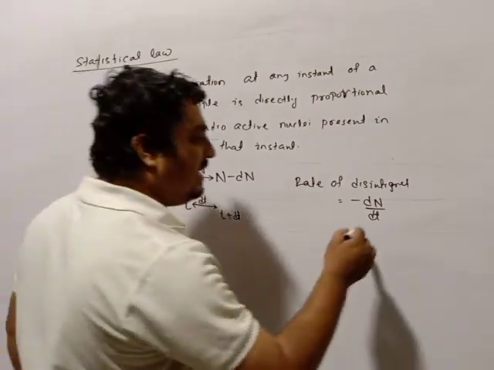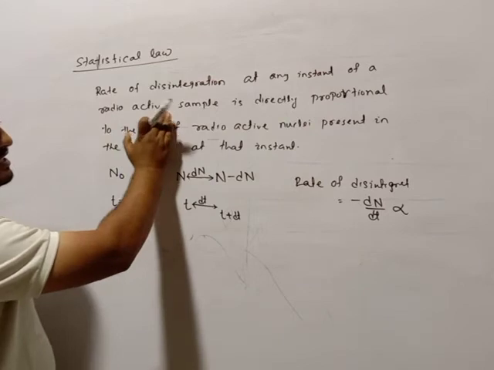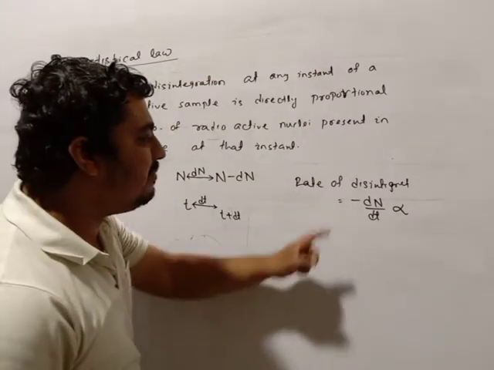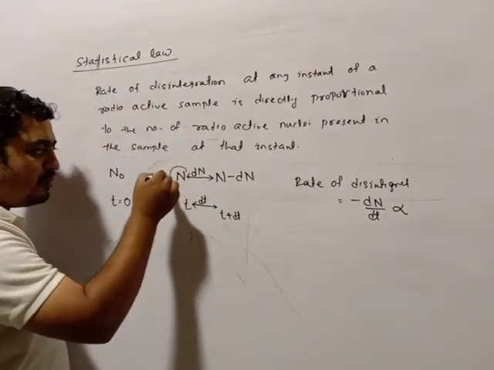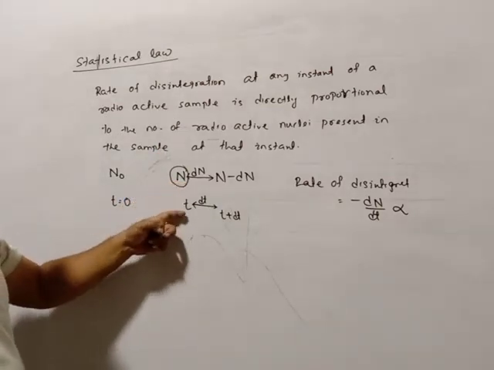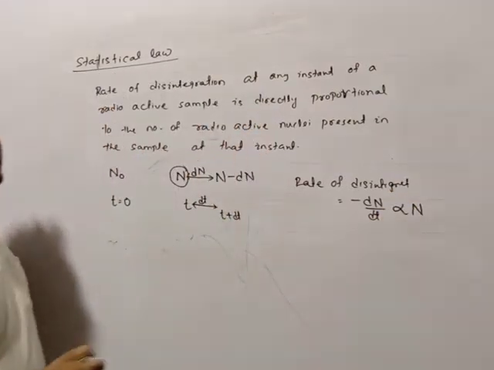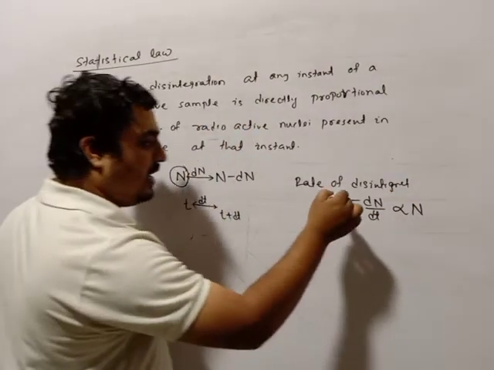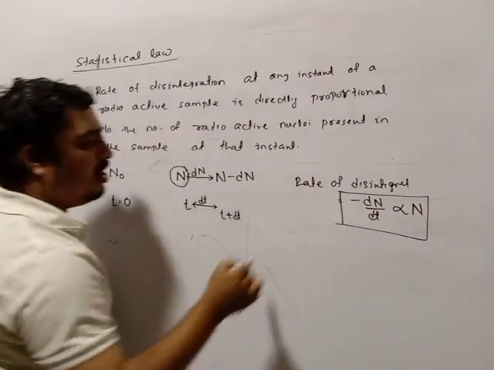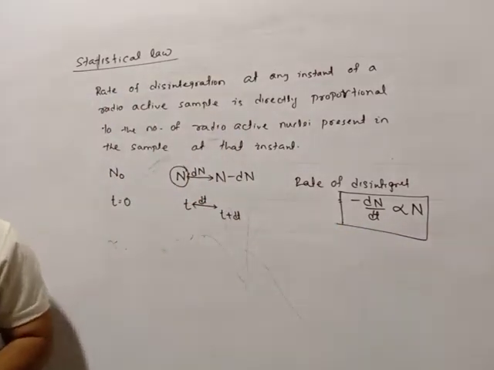According to this law, minus dn by dt is directly proportional to the number of radioactive nuclei present at that instant. So minus dn by dt is directly proportional to n. This is called the statistical law of radioactive decay.